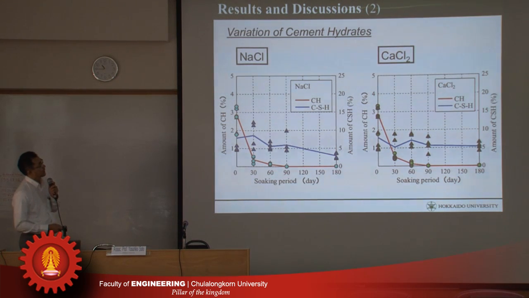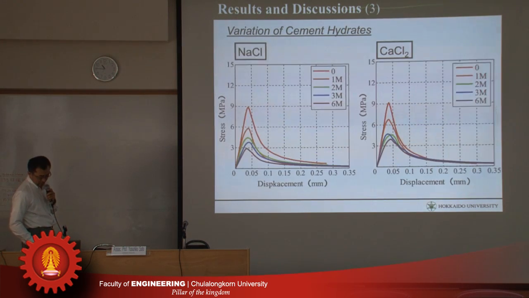So the tendency is the same. Red shows the amount of CH, and blue shows the CSH. The CH quickly disappeared, but the CSH is reduced gradually like that. But the tendency itself does not change so much. Yes, the amount itself is really reduced after the immersion.